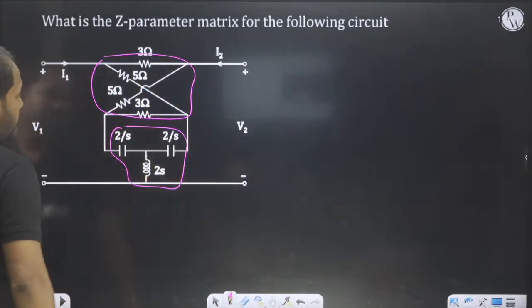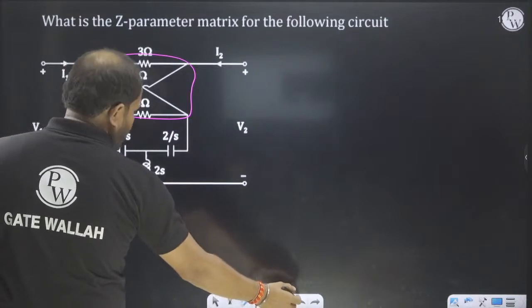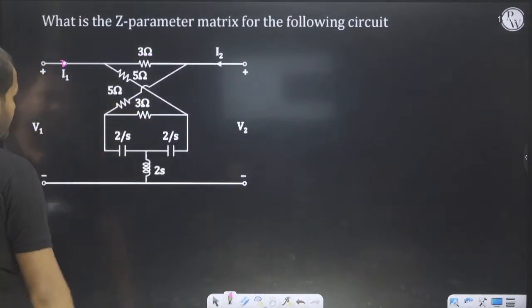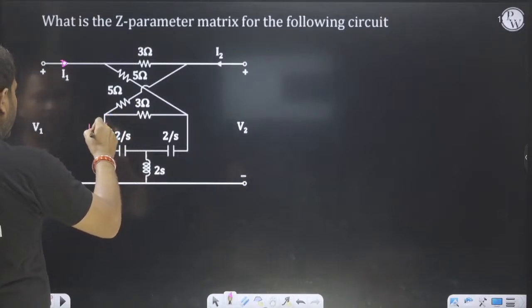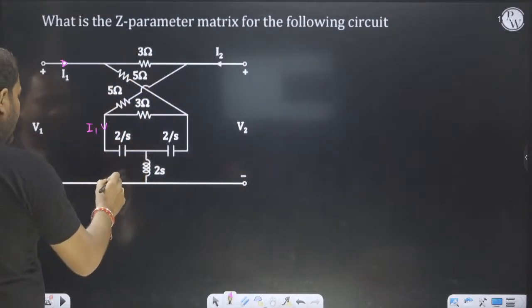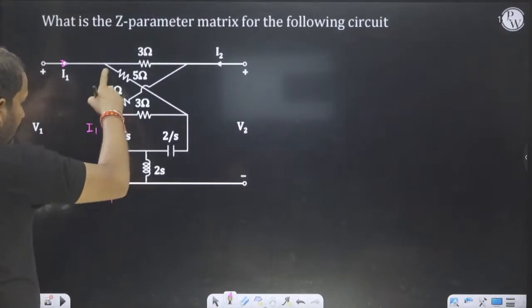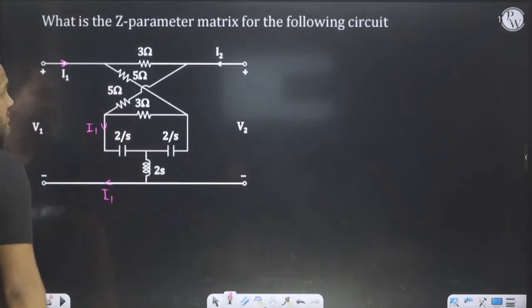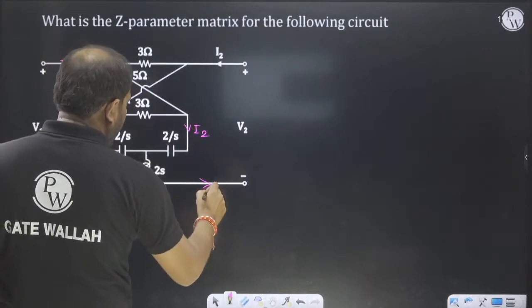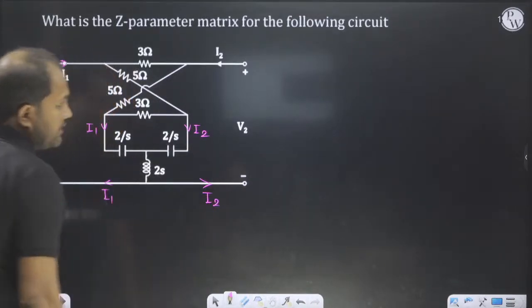So how do you find out it is a series network? This is the I1 current, and this is also the I1 current, because the current will flow like this. Entering and leaving I1, the current will be the same here. So this is a series network. Here I2 current and here I2 current, so they are series networks.